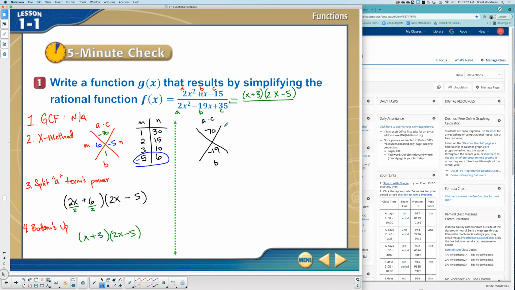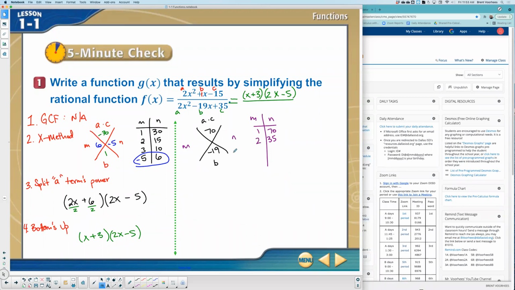So now we're going to look for the two numbers. I'll call them M and N, that multiply to be 70, but add to be negative 19. So starting my list, I have 1 and 70. We, of course, have 2 and 35. Okay, 3. Does 3 go into 70? 3 goes into 60, then 9 go into 70.